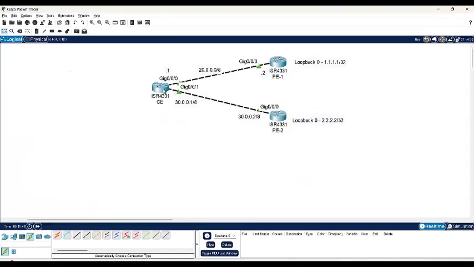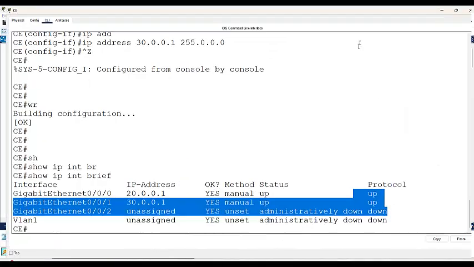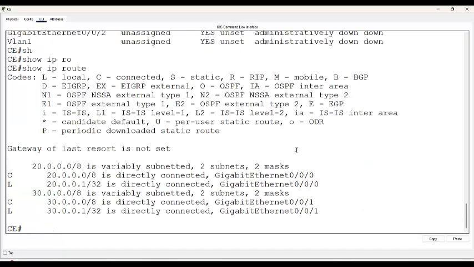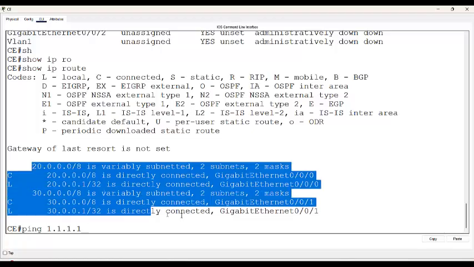Now let us go to CE. Show IP route. See, this router does not know about 1 network and 2 network. 1.1.1.1. If I ping, will I be able to ping? Answer someone. If the route is not there in the routing table, see, there is no route for this destination.